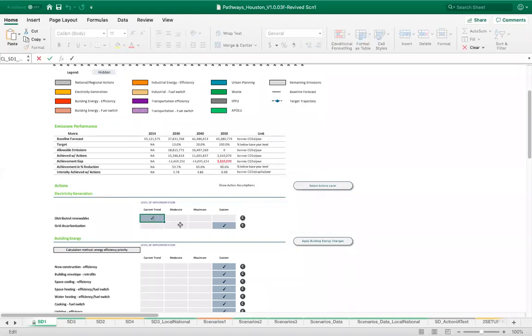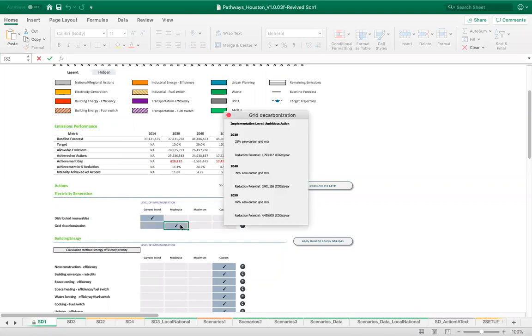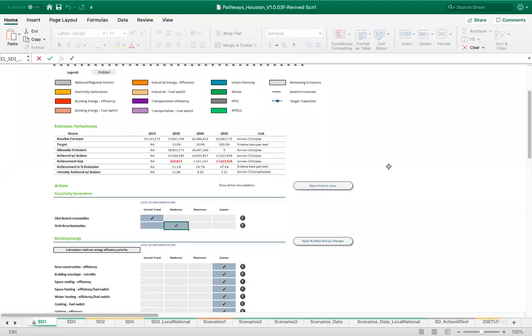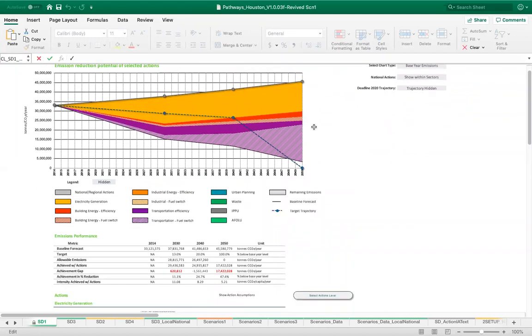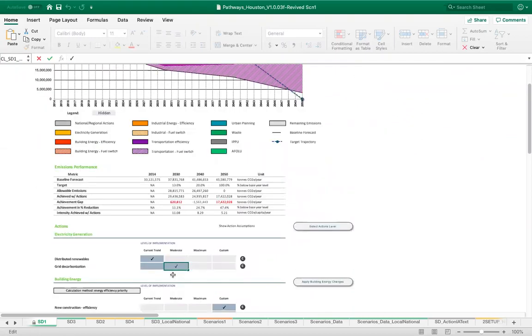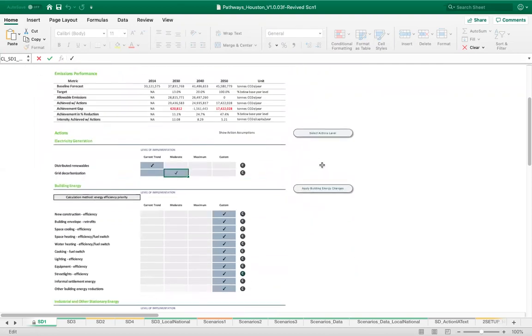And then for the sake of argument, say we want moderate grid decarbonization. Double click this cell. As you might expect, it takes a little bit of time to do the calculations. Similarly, you get the little summary of what has been selected, and we're not seeing a huge change in this wedge here. We're seeing reasonably small amounts of difference. Really, the structure of the model allows you to build different scenarios.